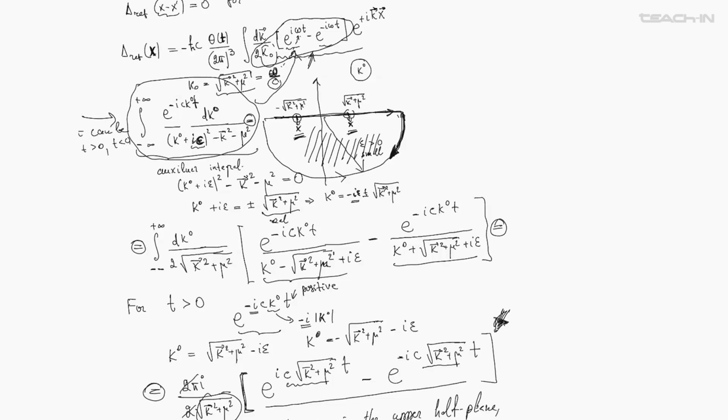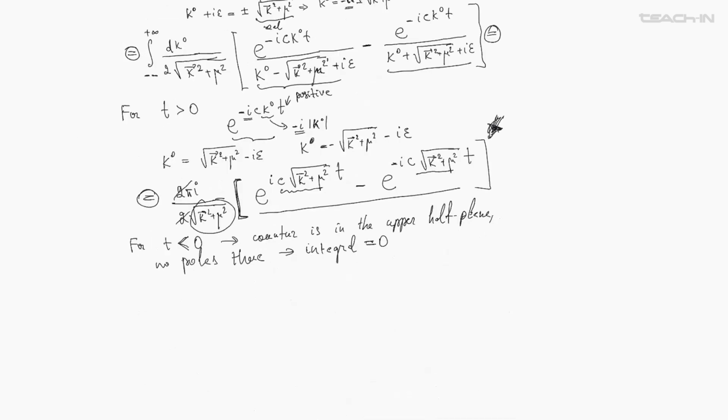In other words, what we get for this case is the following expression. Delta ret of x becomes h bar c integral d4k.